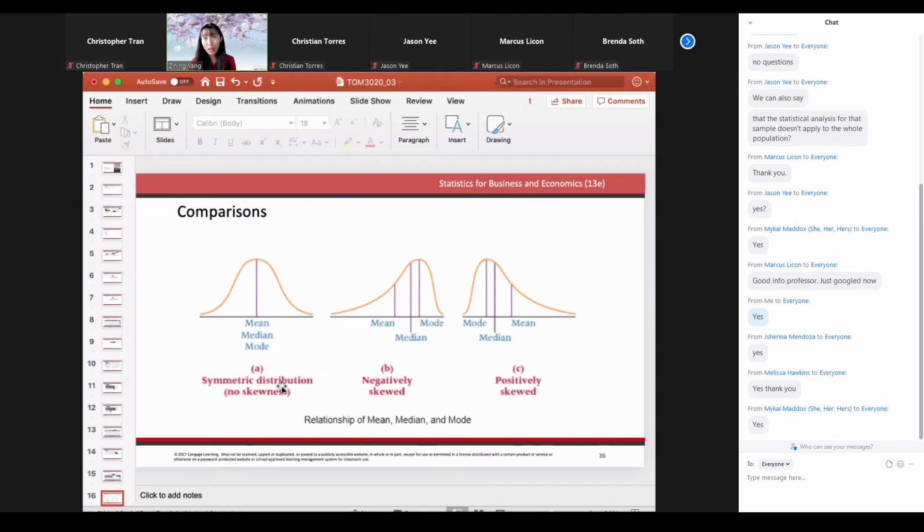But in reality, we face other situations. We may have a negatively skewed distribution, or we may have a positively skewed distribution. For the negatively skewed distribution, if you look at the curve, it is very tall on the right-hand side. Remember, large values are on the right-hand side.